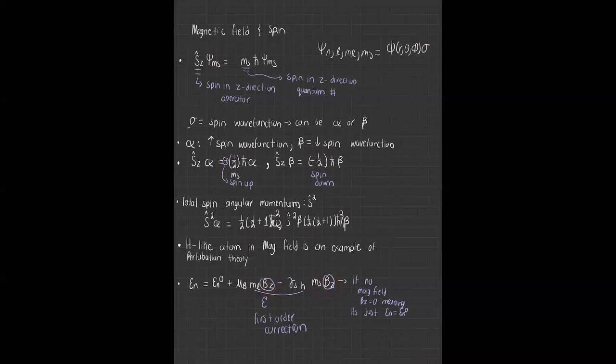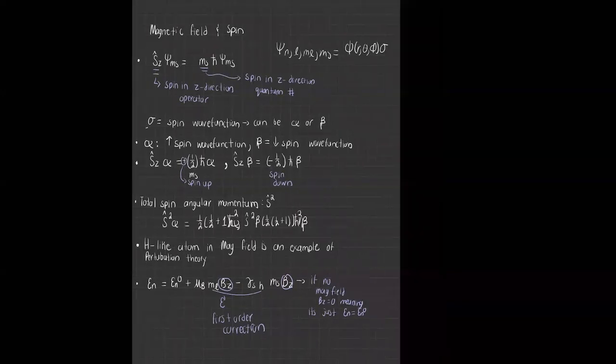This is the first order correction. Normally, if the magnetic field is not turned on, so B equals 0, the energy is just the original energy of the electron, like Z squared over 2n squared.